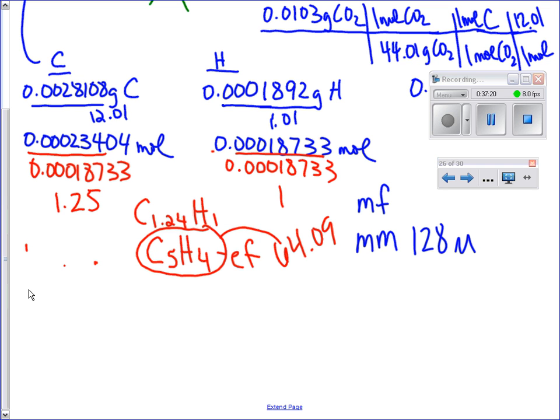All right. So this is very cleanly divisible by that, right? That division is 2. Since the division is 2, what is the molecular formula then? C10H8.